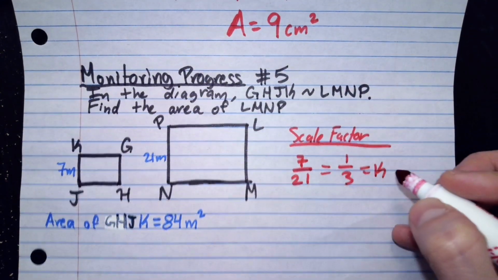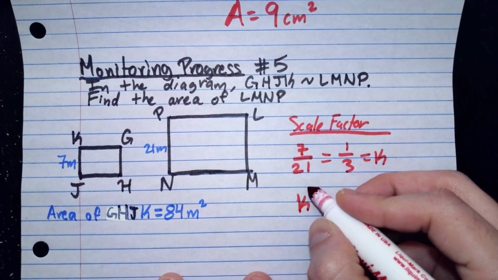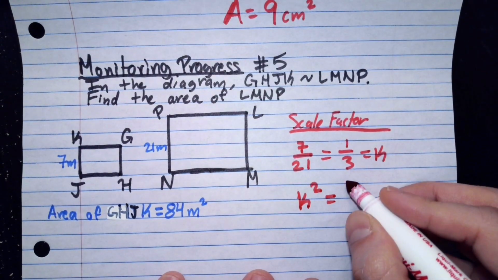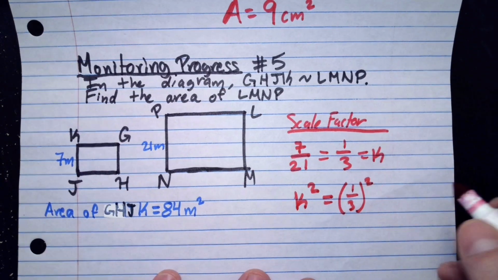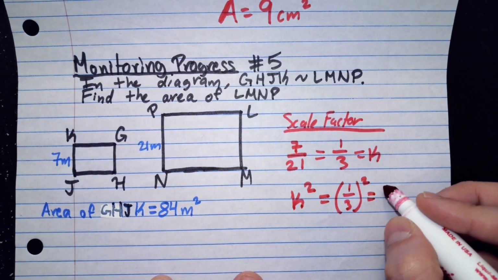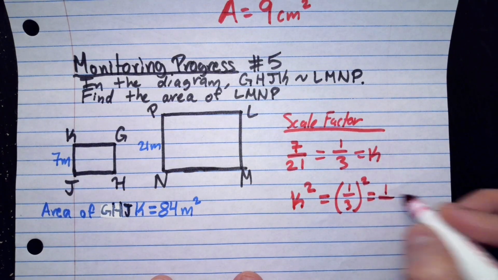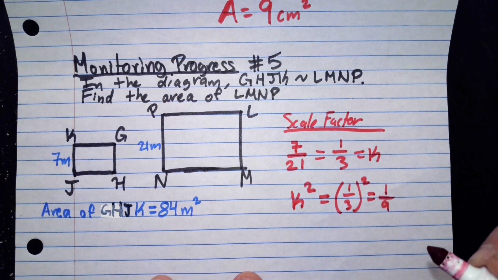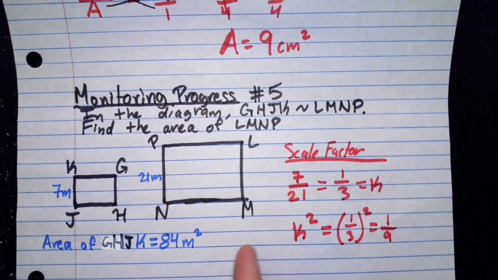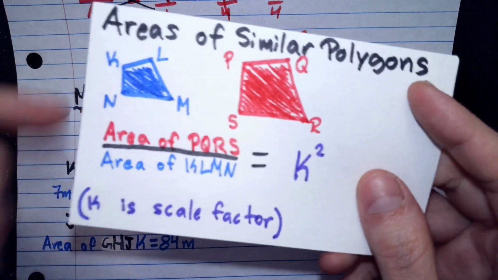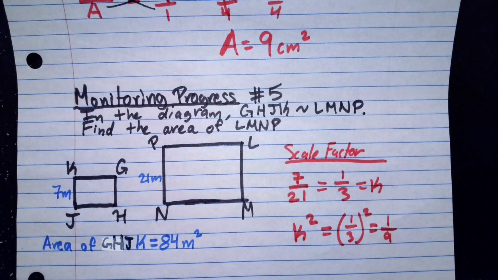Again, this is my k. So k to the second power, or k squared, is 1 over 3 to the second power, or 1 to the second power is 1, 3 to the second power is 9. Cool, so we have k squared, so we have this side of the formula. Now we need this side of the formula.